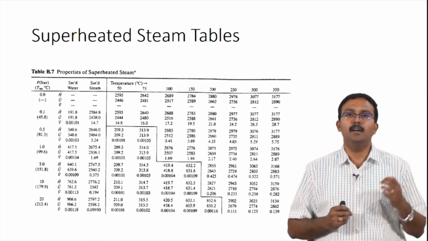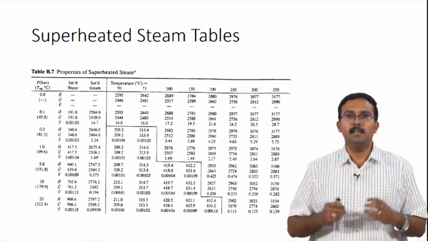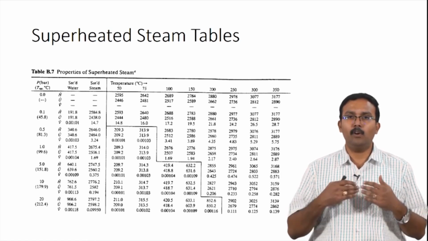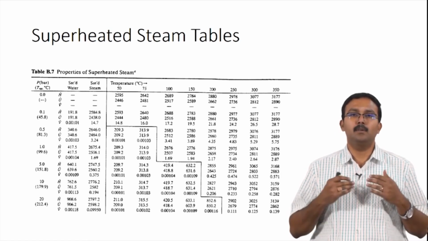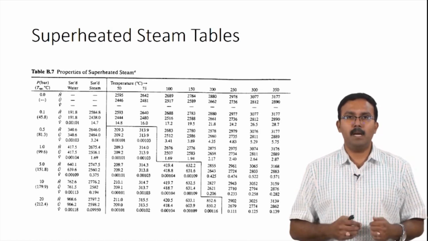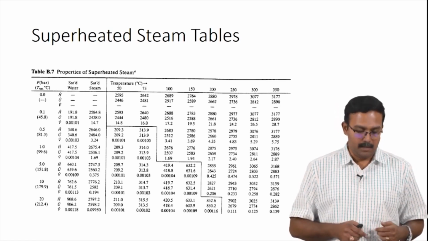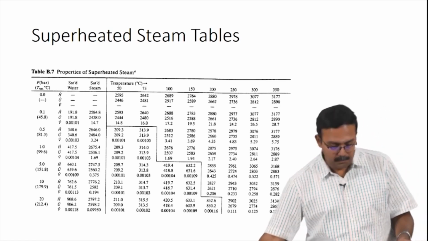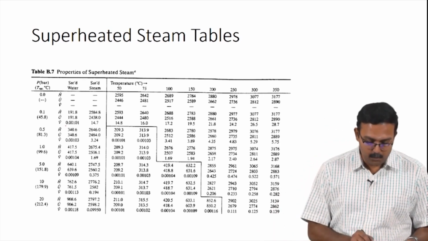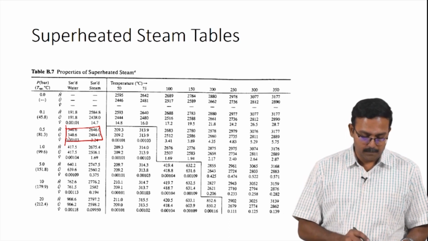So, if you have 0.5 bar and 81.3 degrees Celsius, then you have a point on the vapor-liquid equilibrium. The values for H cap, U cap and V cap can be obtained from the saturated water and saturated steam values given in the columns here. So, these would be the saturated water and steam values.